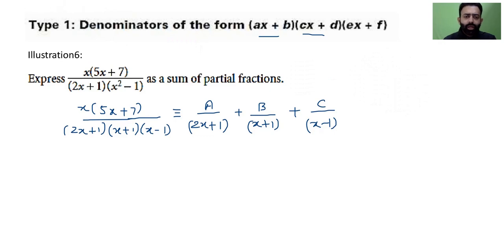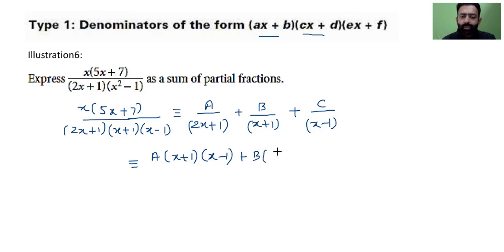Now I have to find out the value of a, b, and c. It is very simple: you pick up this right hand side and take out the LCM of the denominator. The LCM will be the multiplication of all these three linear factors. So for a, the multiplication will be x plus 1 into x minus 1, because here 2x plus 1 is already in the denominator, so that won't be multiplied.